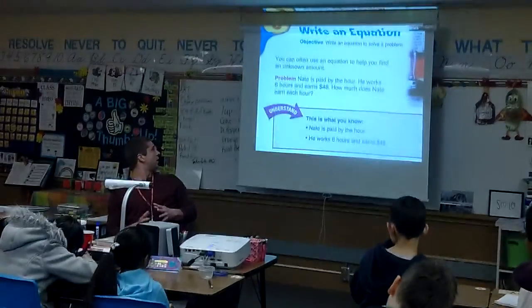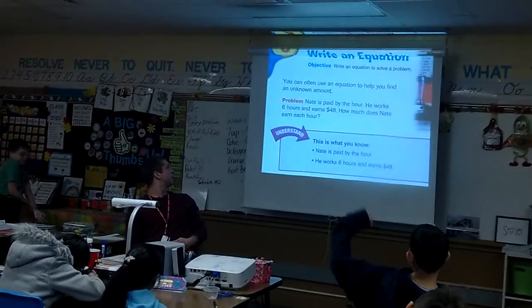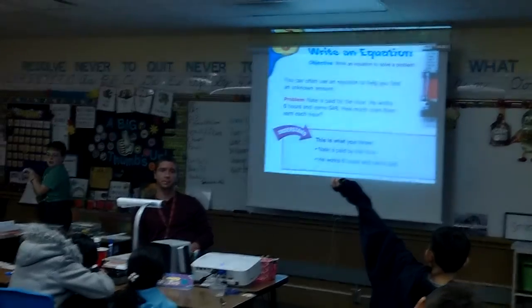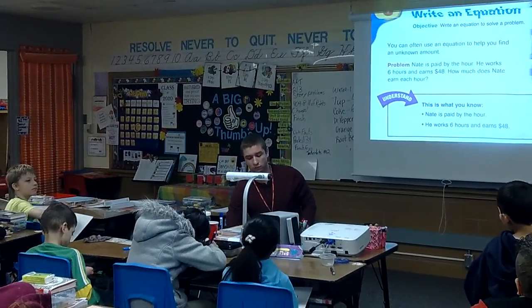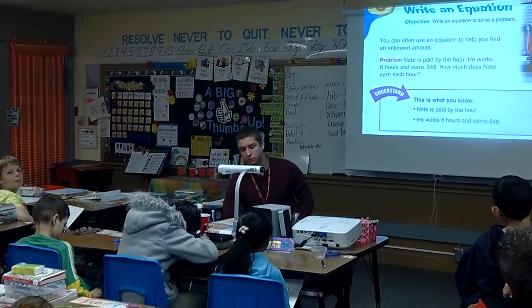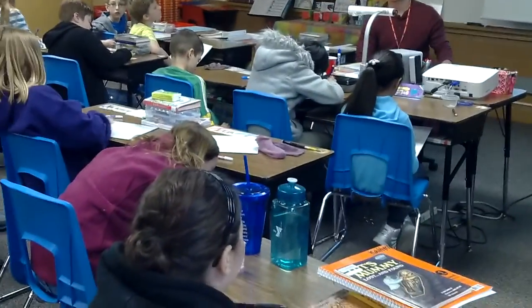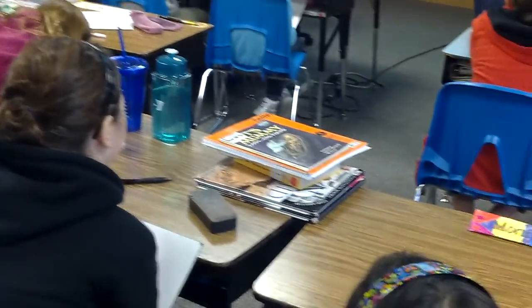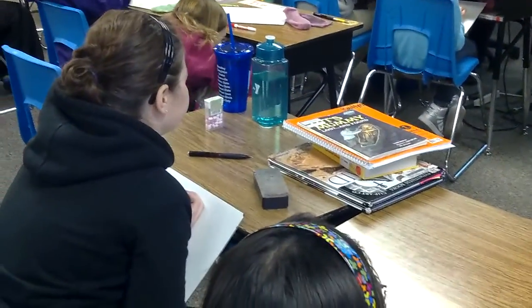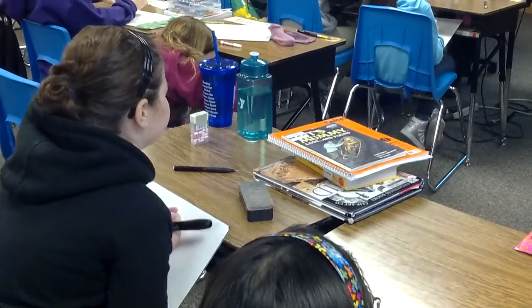All right, I need somebody to read the problem. You can often use the equation to help you find the unknown amount. Nate is paid by the hour. He worked 6 hours and earned 48. How much does Nate earn each hour?